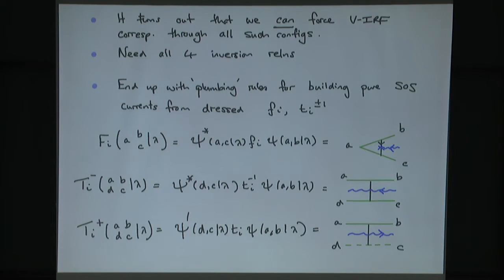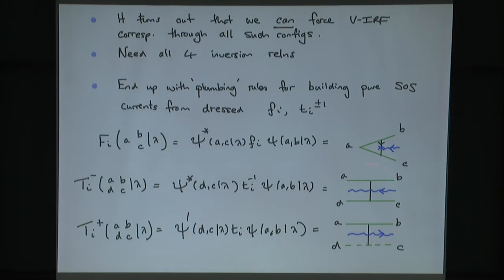And in the end, what you end up with is certain rules for non-local insertions in SOS models, given by certain plumbing rules. So this is how to attach these different components of the SOS current to each other.